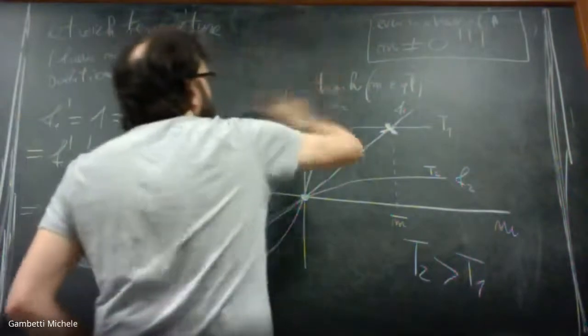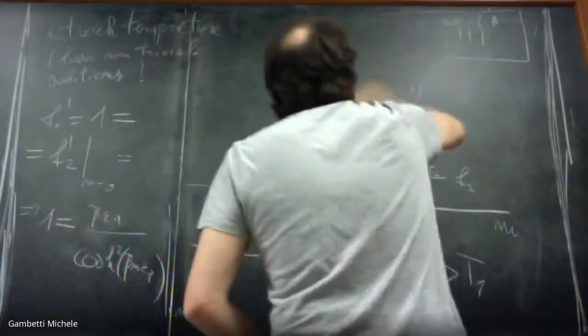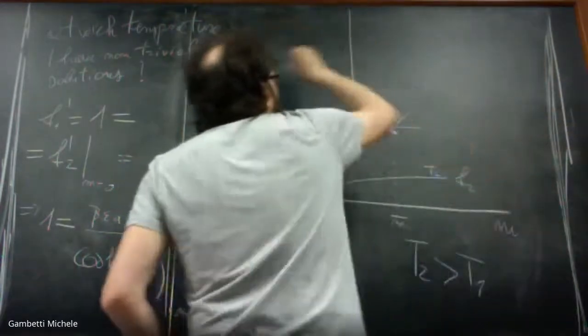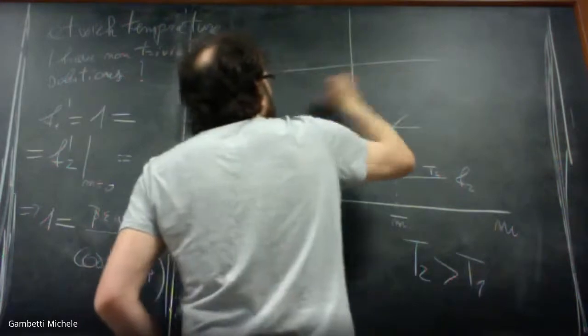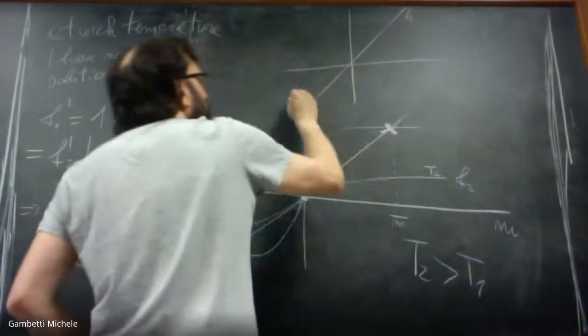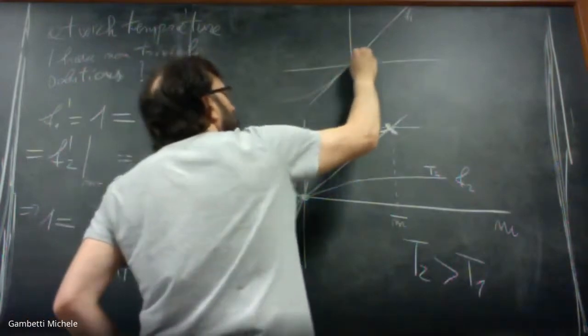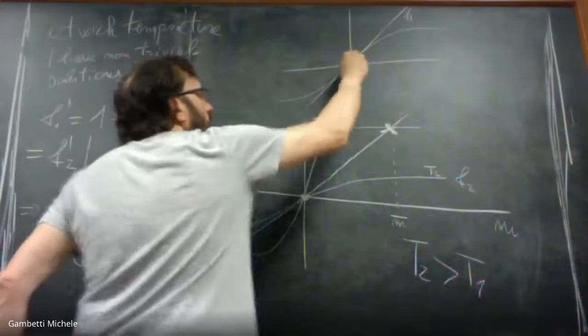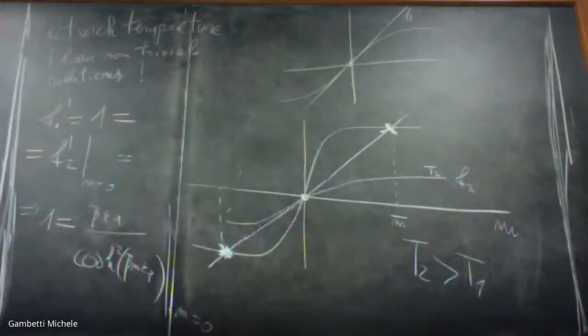I think maybe you understand what I'm saying. What I'm trying to find is basically the condition at which, so this is f1 and f2 is just this one. The tangent at m equals 0 is equal to 1.